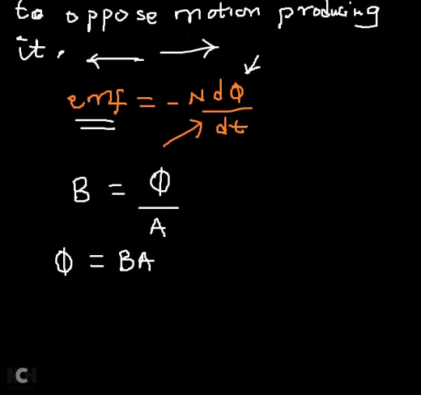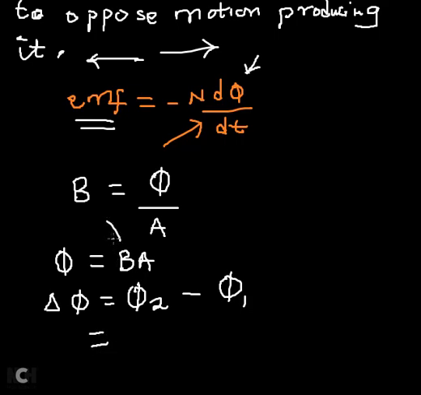Anytime there's a change, the change in magnetic flux can also be evaluated. Of course, when there's a change, there's always an initial and a final. So the change in magnetic flux is the final flux minus the initial flux. And of course, the area will not change.